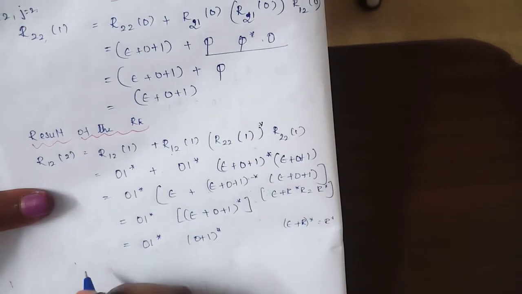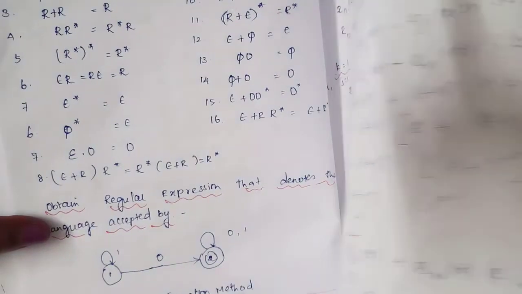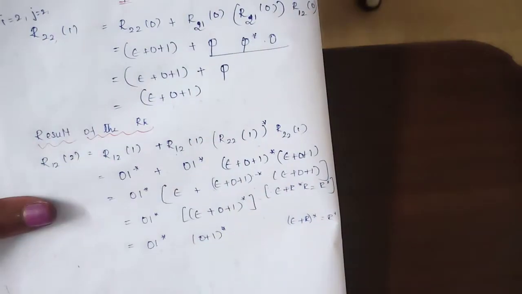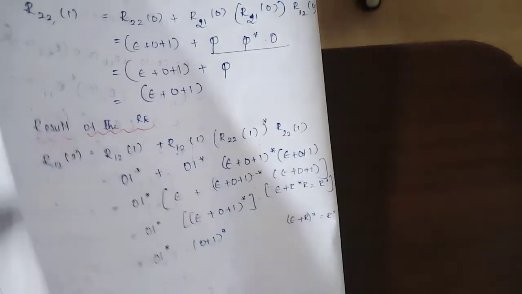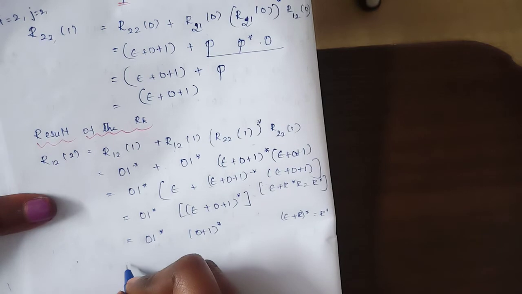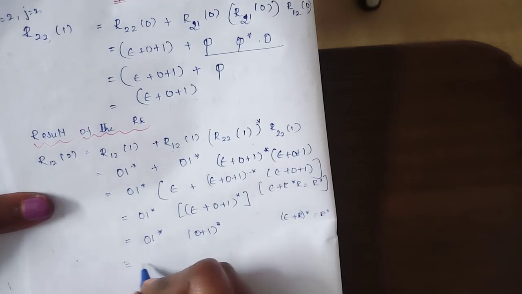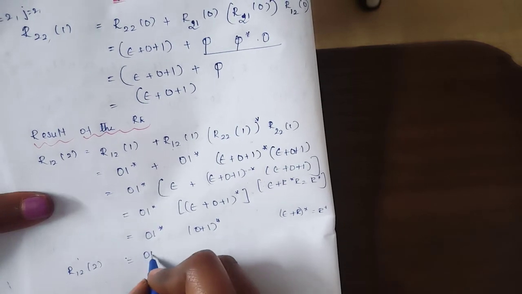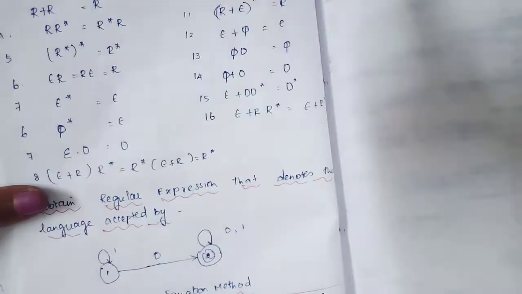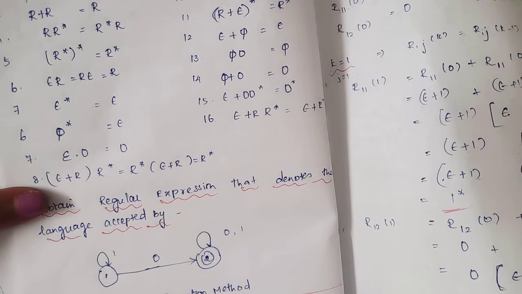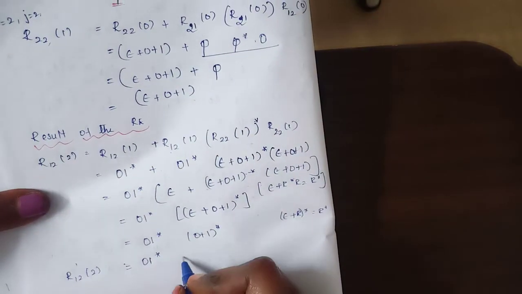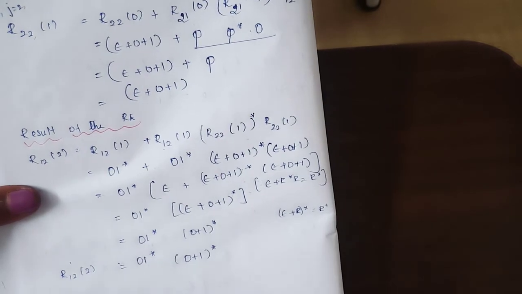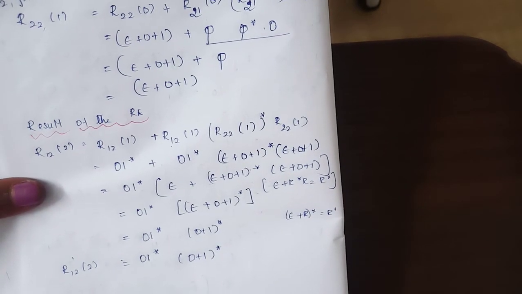So for this kind of DFA, we will get this. The result will be r12 of 2: 0 1 the whole closure, 0 plus 1, 0 1 closure, and 0 plus 1 the whole closure, right?